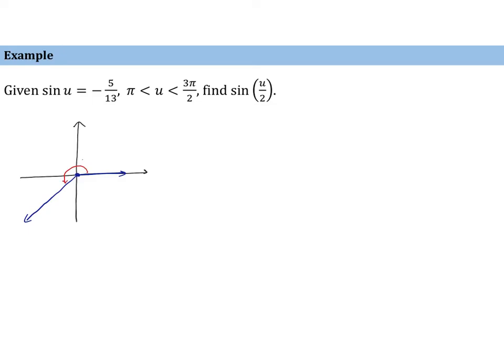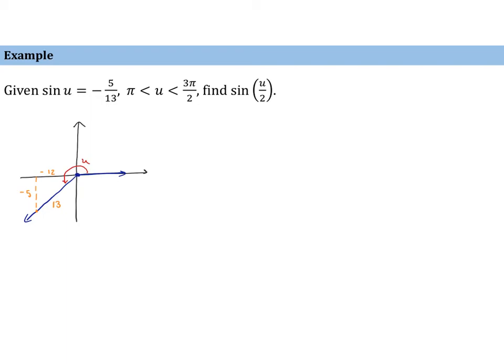So there's our angle u. And if we drop a perpendicular to our horizontal axis, we can sketch a triangle with signed legs. And this is a 5, 12, 13. And notice that the adjacent side we could use a directed length of negative 12.